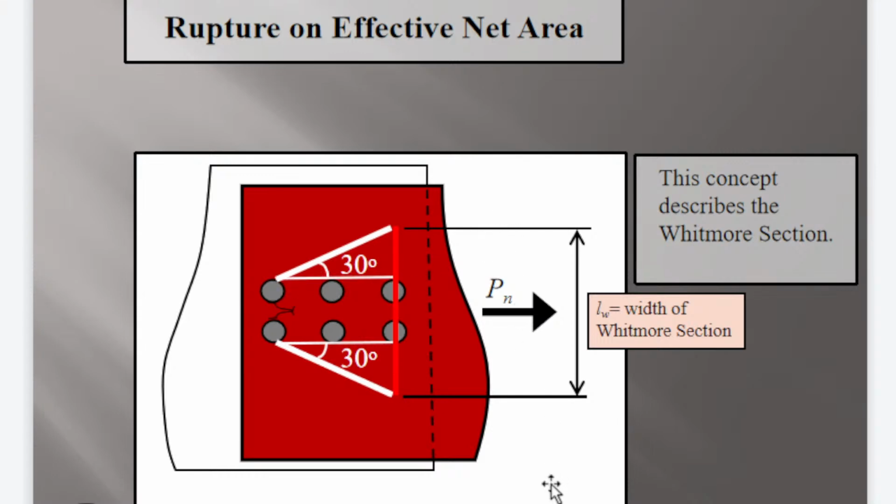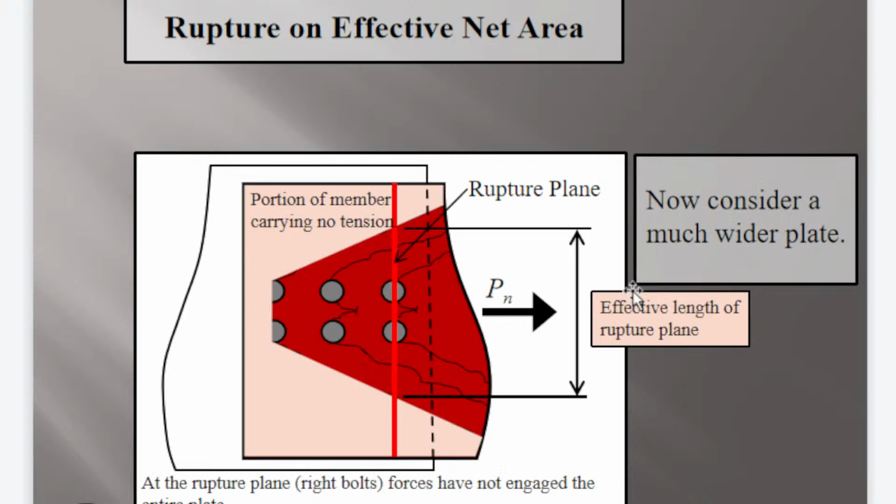They are spreading at 30 degrees on both sides. This is what we call the Whitmore section. LW means width of Whitmore section. That is actually the effective length of the rupture plane.